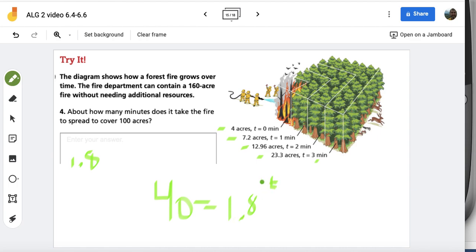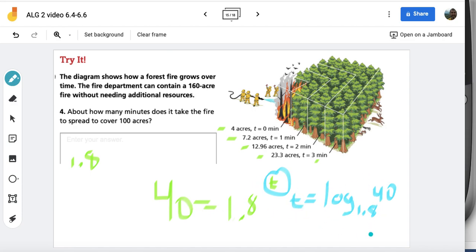I notice right now that I only have one exponent, so I can write a log equation for this. Log base 1.8 of 40 equals t. So that's what I would envision from this.